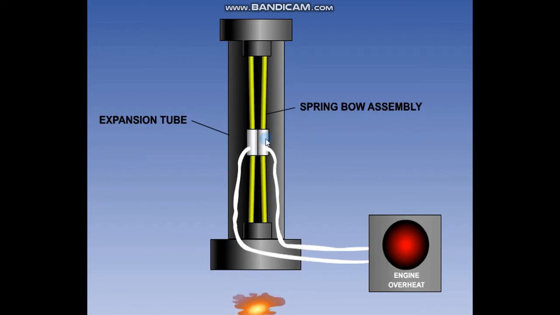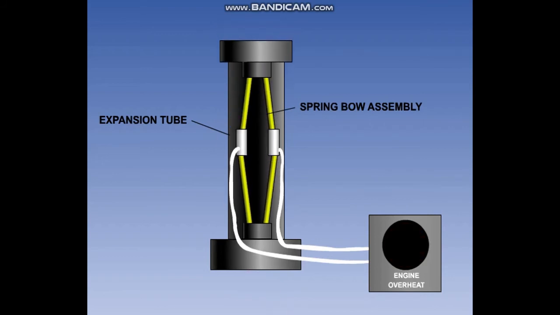When the contact points close, they send a signal to the cockpit alarming that there is a fire. After the heat is released, the tube goes back to its neutral position, and the contact points disconnect from each other, and the alarm disappears from the cockpit.